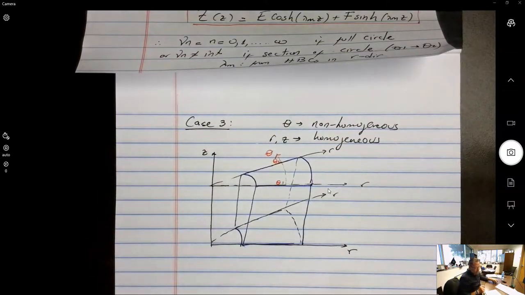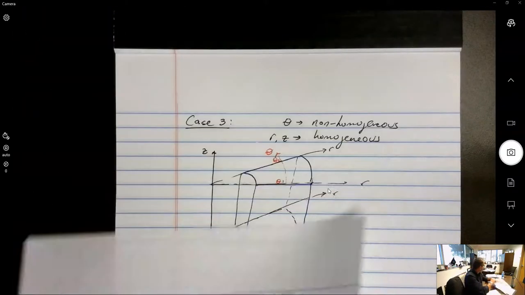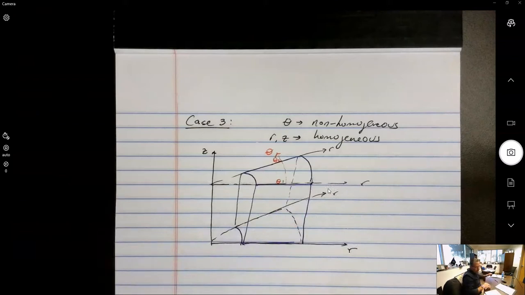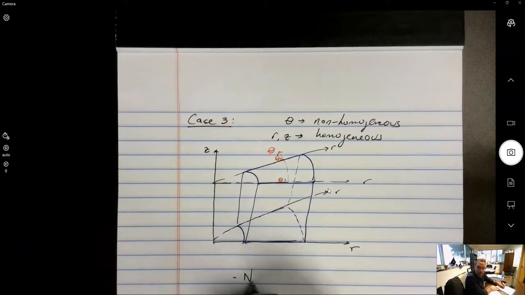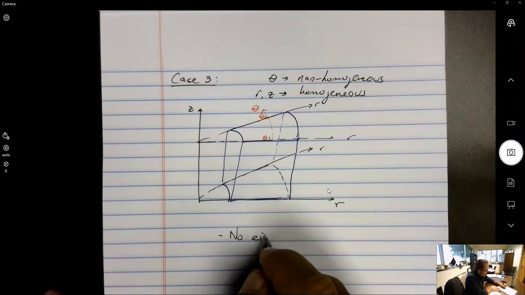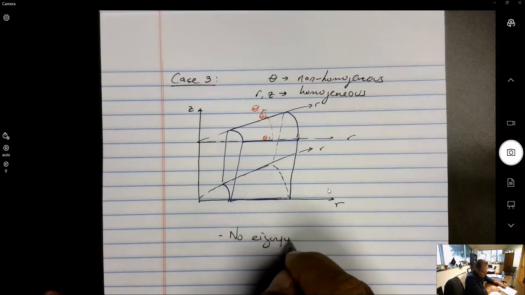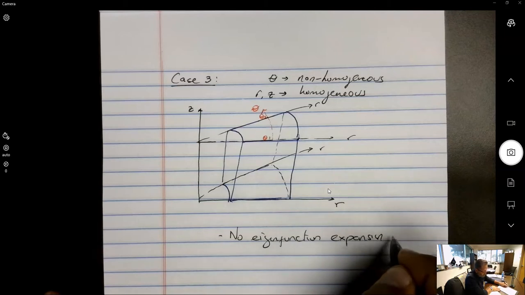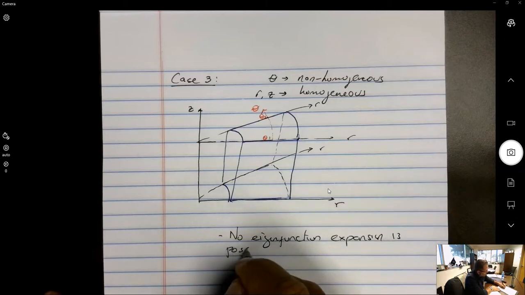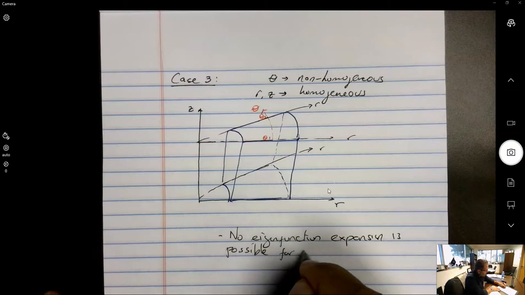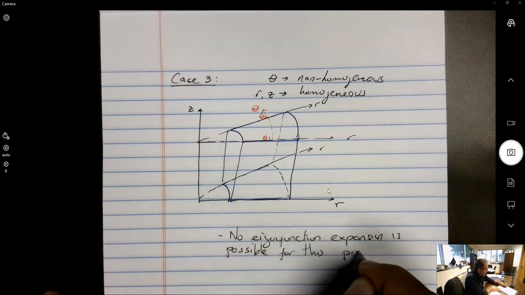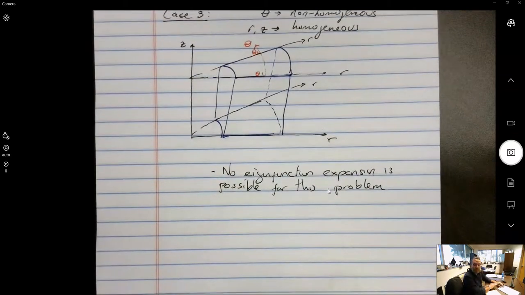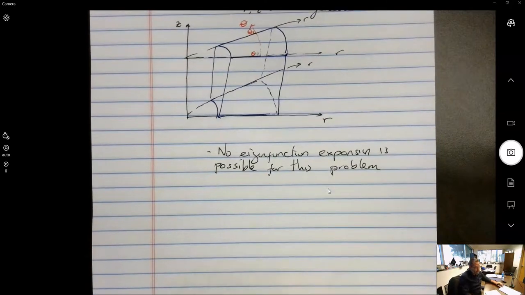All right. So in this case, there is no eigenfunction expansion possible for this problem. Well, it's not that it isn't possible, it just hasn't been found.